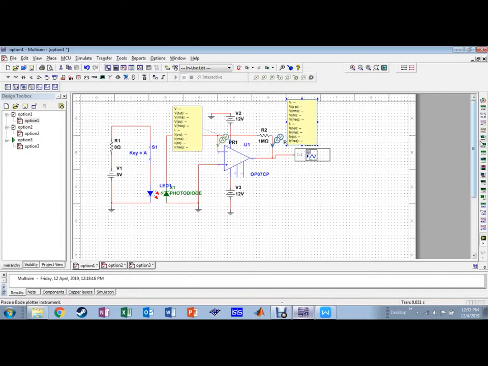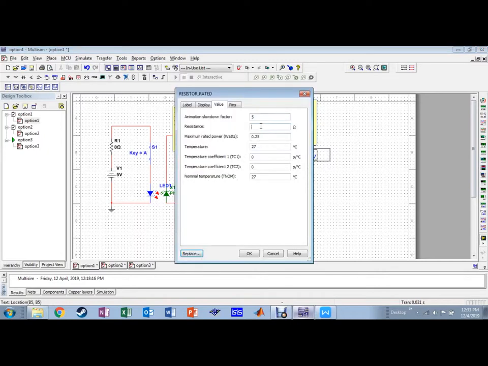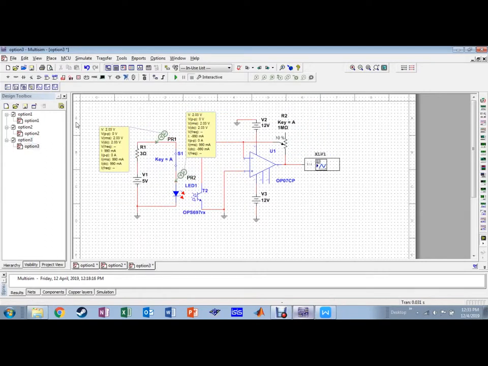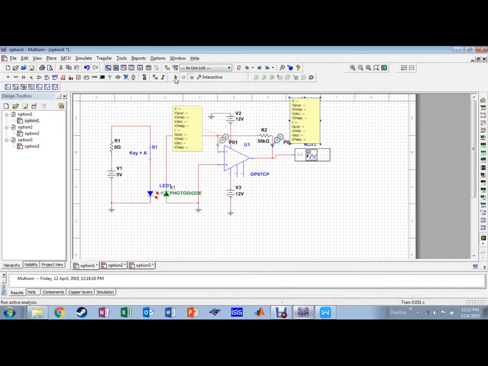So let's try starting with 50k for the resistance of R2. Okay, point D and point F. Try to run the simulation.